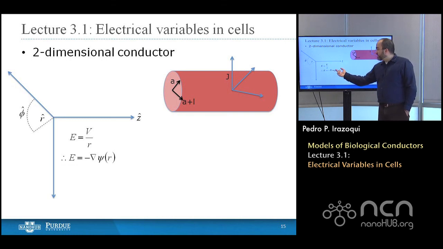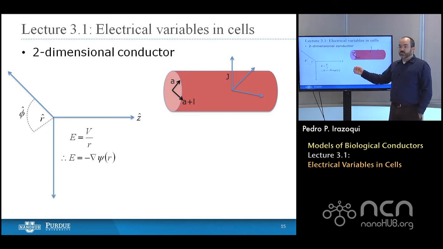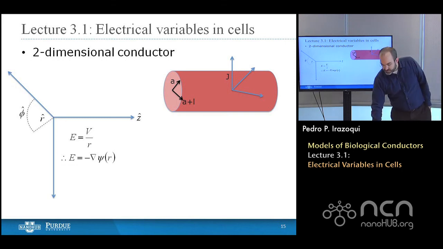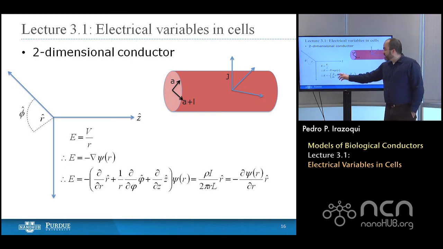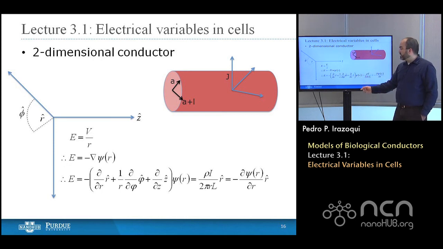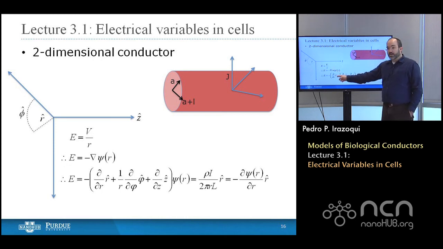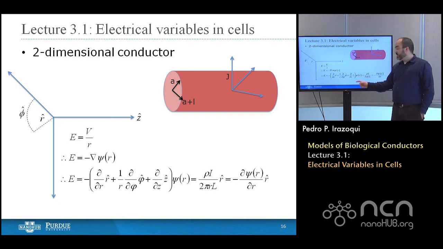So it'll be the negative of the Del operator applied to the local potential psi, which is a function of R, but it's also a vector because it points in the R-hat direction. Plugging in the Del operator for cylindrical coordinates, the electric field is equal to the negative of the partial with respect to R in the R-hat direction, plus 1 over R times the partial with respect to phi in the phi-hat direction, plus the partial with respect to z in the z-hat direction, acting on psi sub R, which is in the R-hat direction.